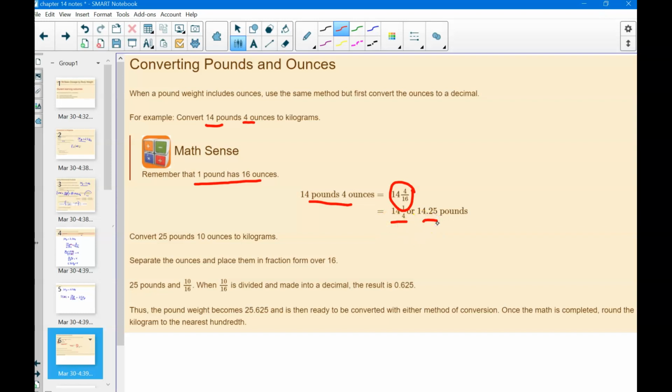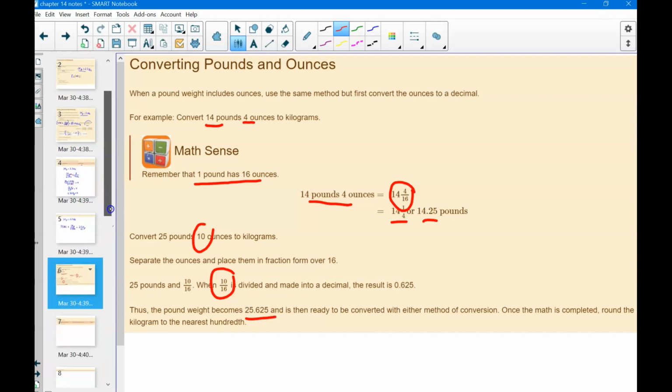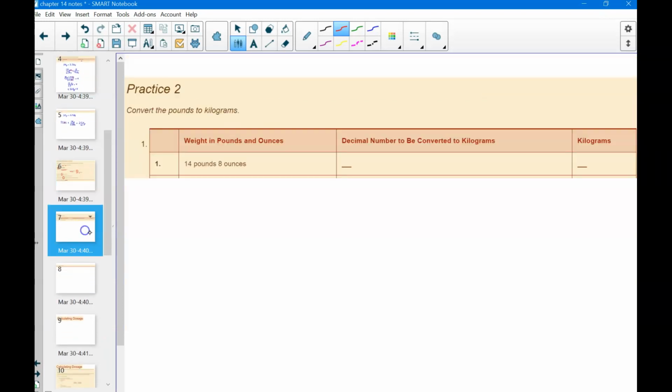So whatever we see at the back here, 10, basically means 10 out of 16. Then we convert it to a decimal. Once we have it in decimal format, we can convert it easily into kilograms.